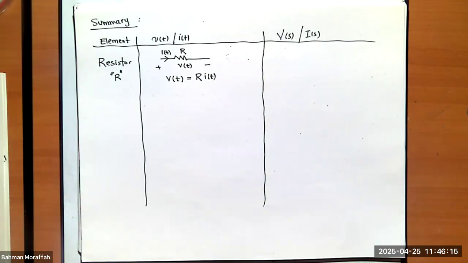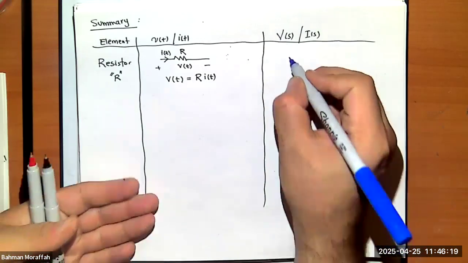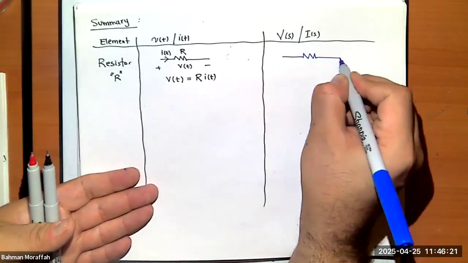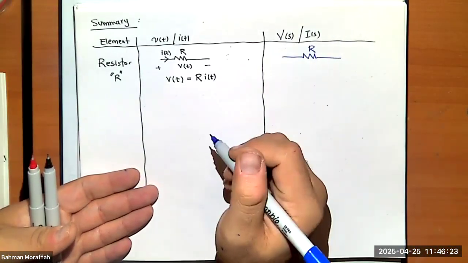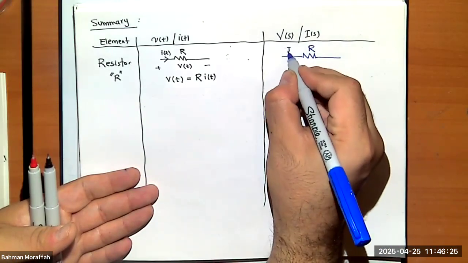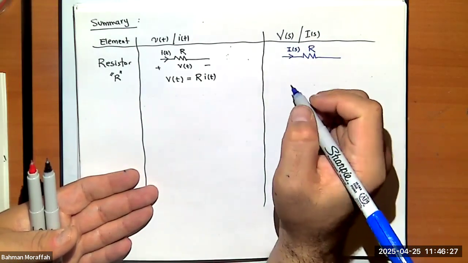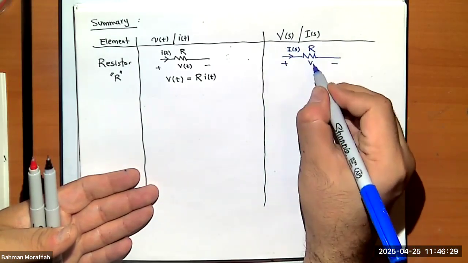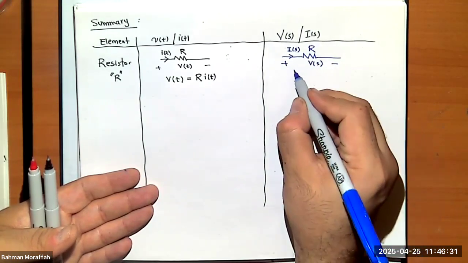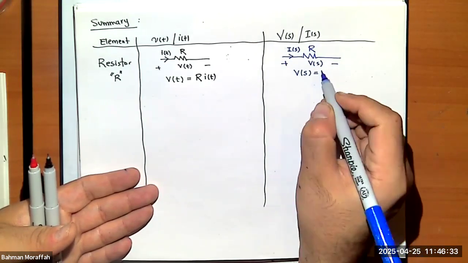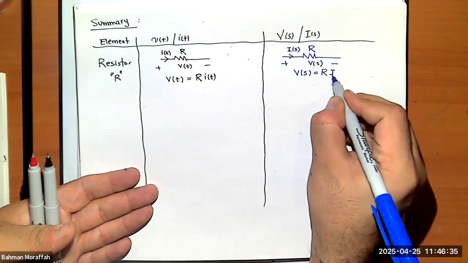So we can directly take this over, nothing changes. So if I have this resistor in the s domain, the value is still R, current through it becomes I(s), voltage across it becomes V(s), and the VI relationship is V(s) equals R times I(s).